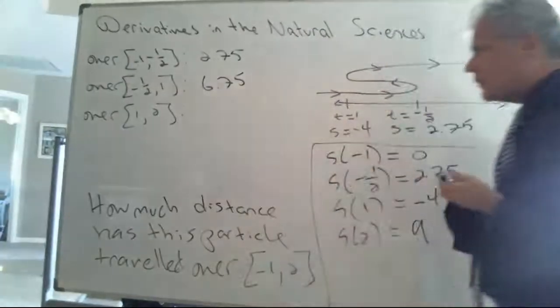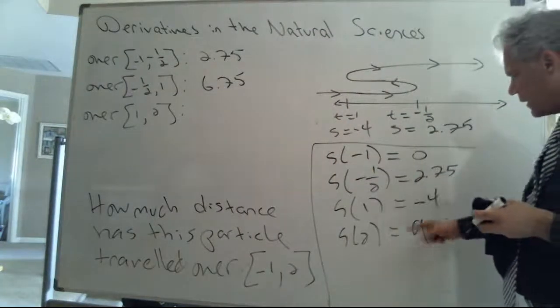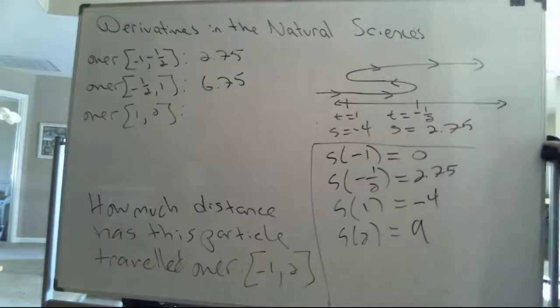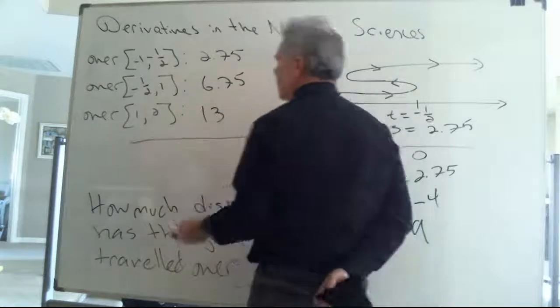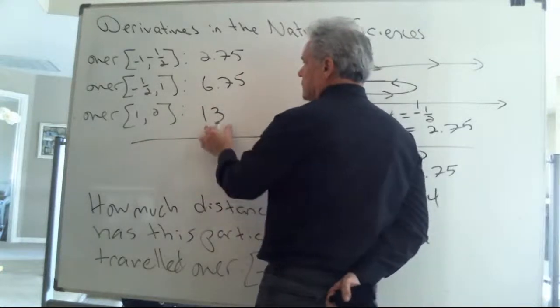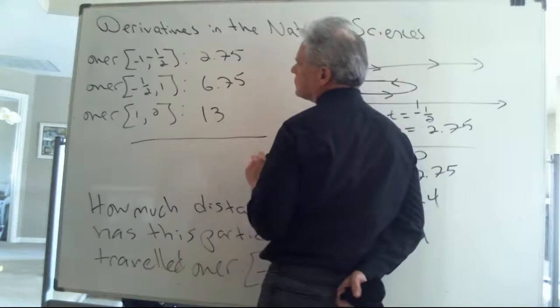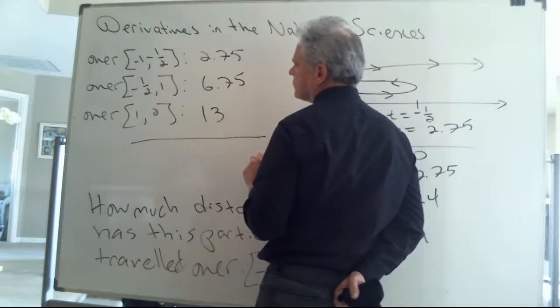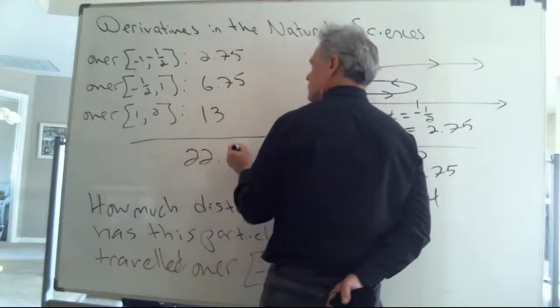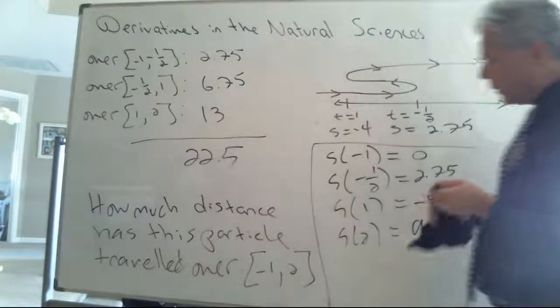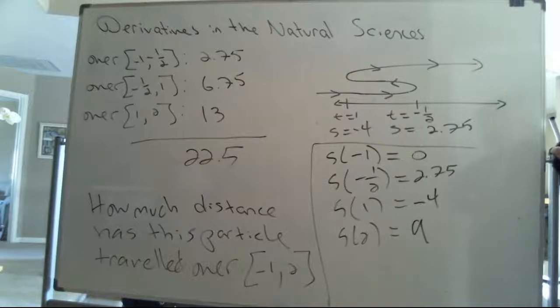Now the positive distance traveled from 1 to 2 for t values is going to be positive, actually not +5, it's going to be +13. And so I think the total distance traveled over that time period is really that.